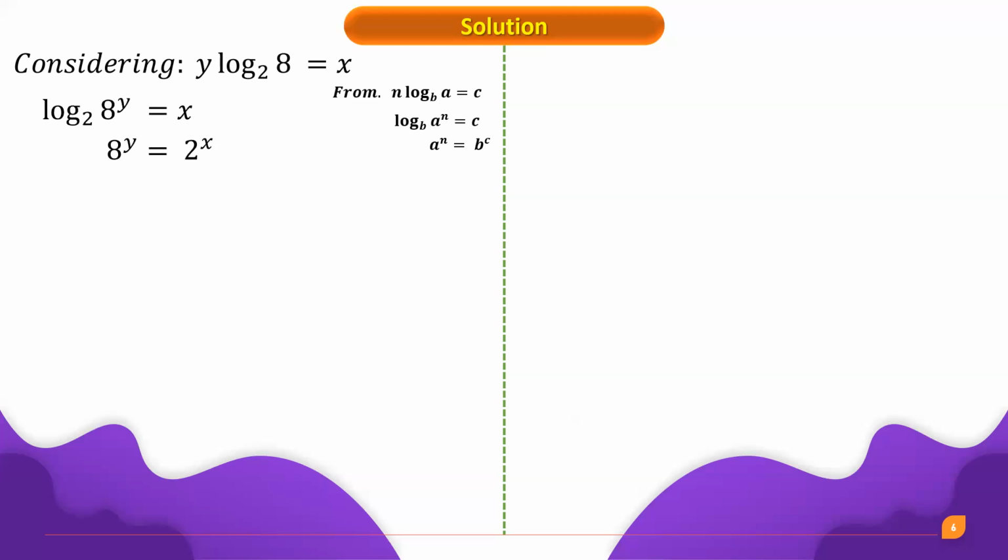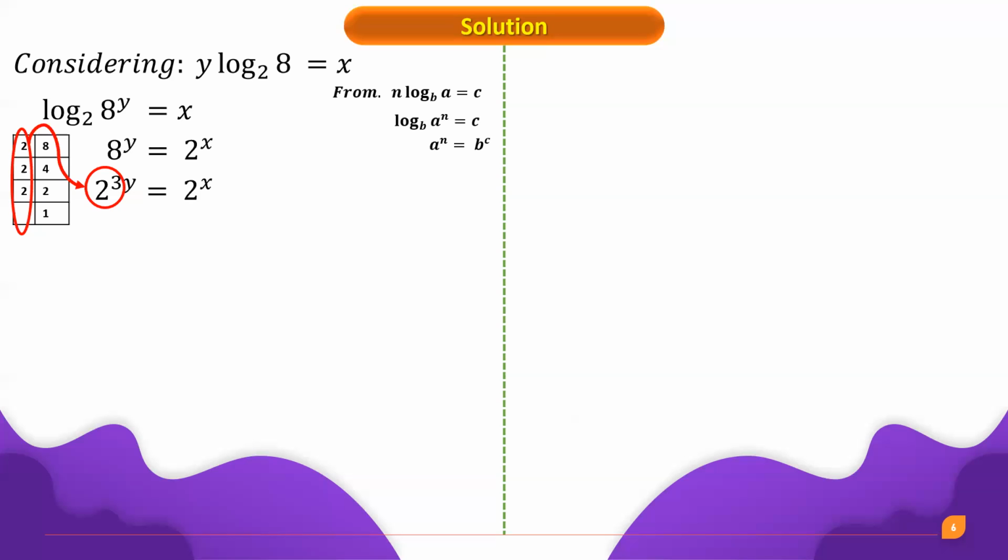Now, our next procedure is to factorize 8. Factorizing 8 will give us 2 power 3.